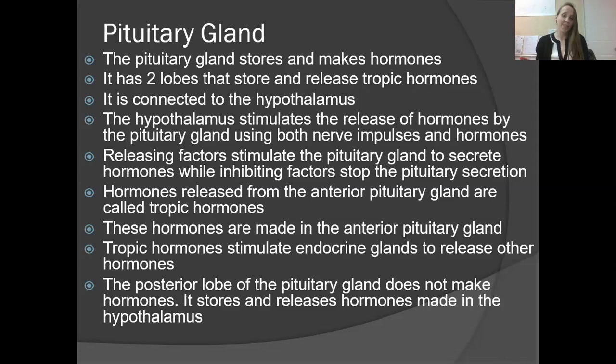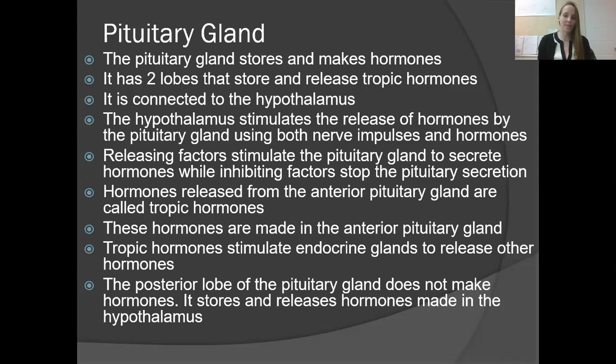And then the anterior pituitary, which is the other lobe of the pituitary, makes its own hormone. And then the hypothalamus releases hormones that are called releasing factors, and they stimulate the pituitary gland to release its own hormones.